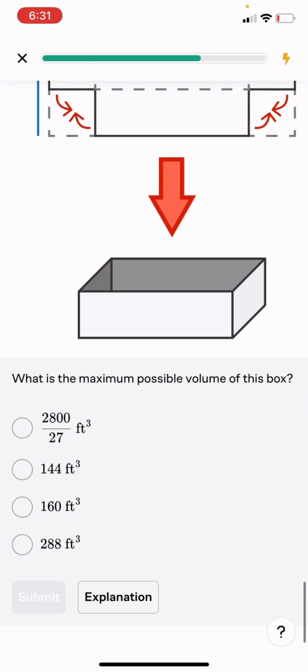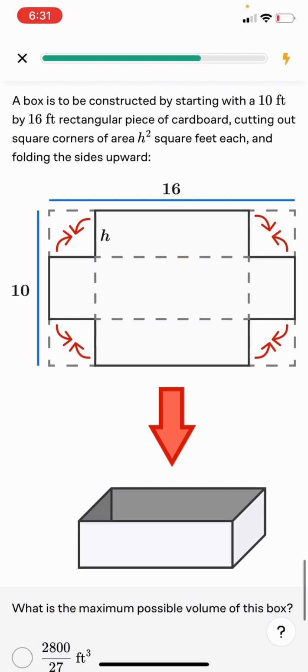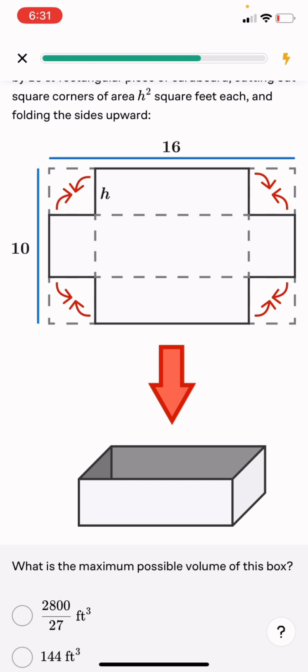So, not 160. That'll be low. Yeah, because what is the volume? I can't fail my math teacher with this one. So, it's a little confusing.